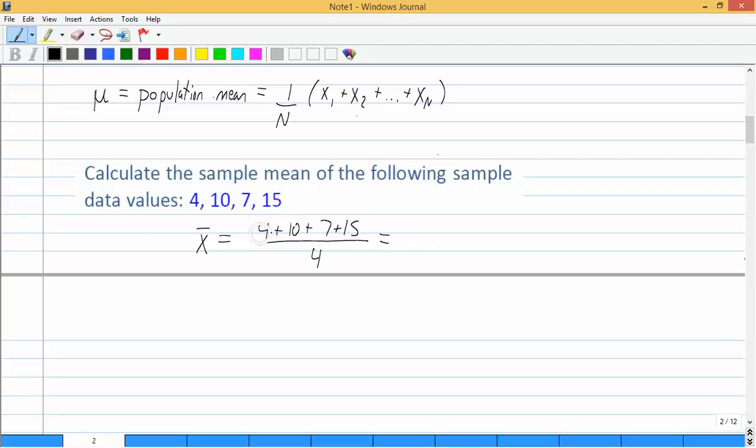So that's 14, 21, 36, divided by 4. So that's going to be 9. Really easy, as easy as you think it would be. No tricks there.